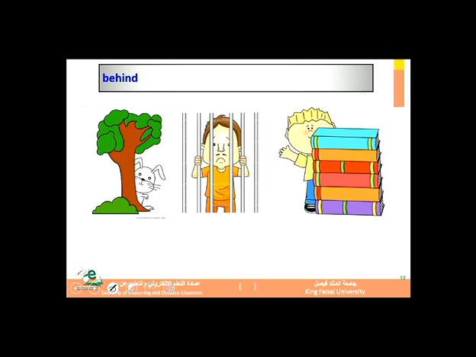So when there is something in front of something else, we could simply say this thing or this person is behind rather than in front of or above. So clearly the boy is behind the books. The man is behind the bars. The rabbit is behind the tree.